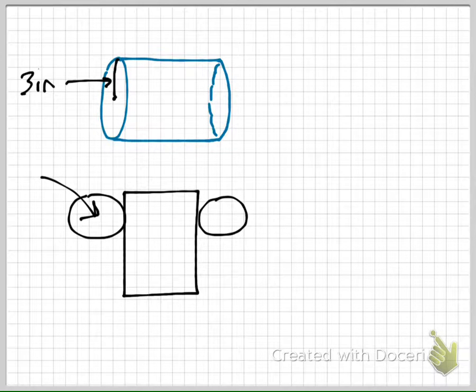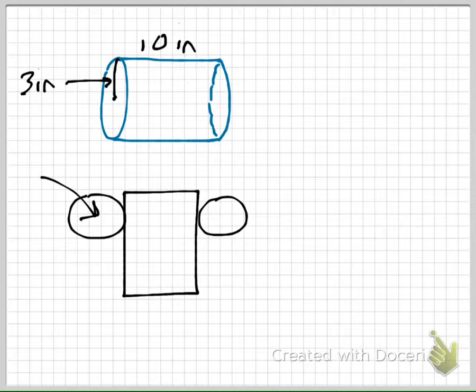What is this right here? What is this distance? That would be this distance, right? So I need to tell you what that distance is. Do you agree with that? I'll tell you that's 10 inches, a nice easy one. So the distance here, the height of this thing, right?